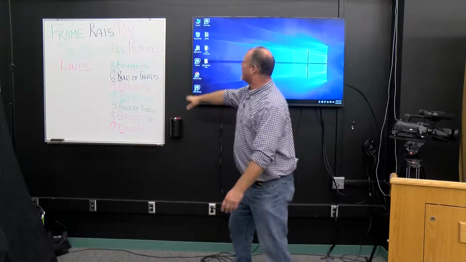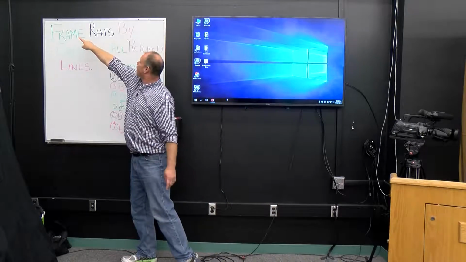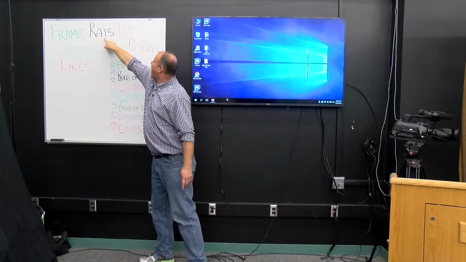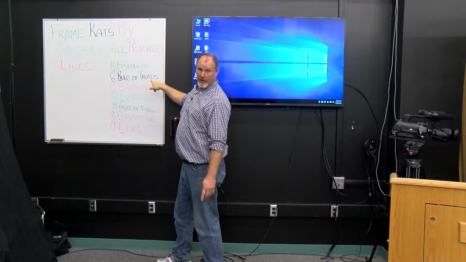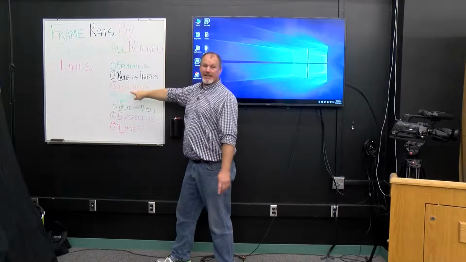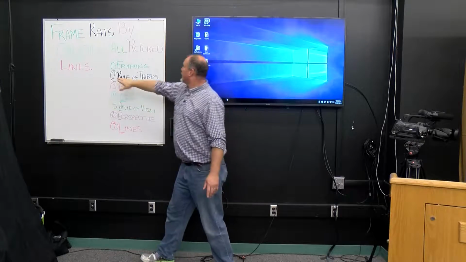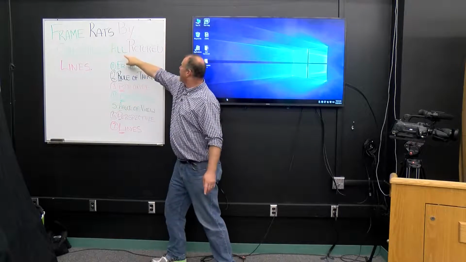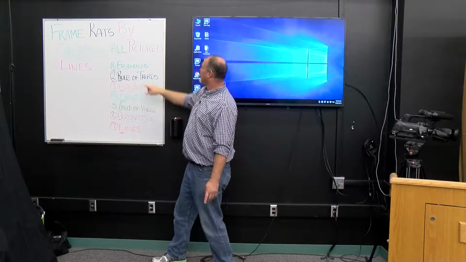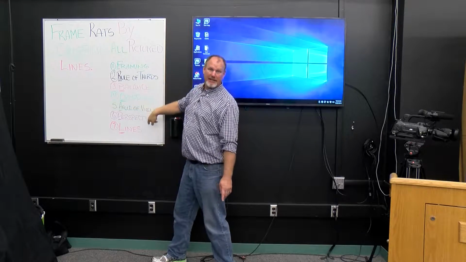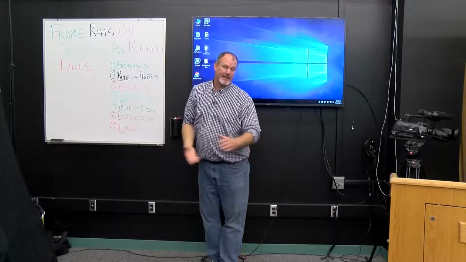So again, F for framing, R for rule of thirds, B for balance, C for cropping, A for angle of view, P for perspective, and of course lines is lines.